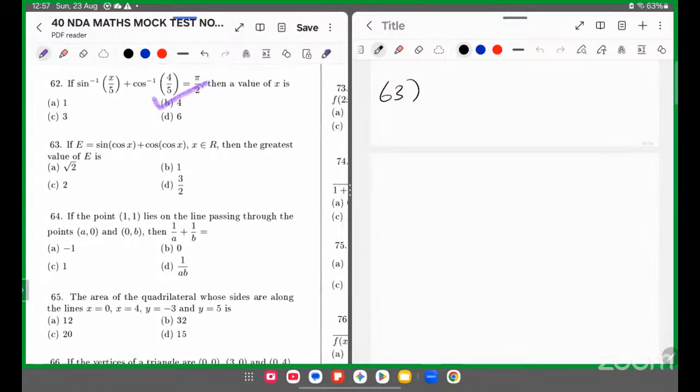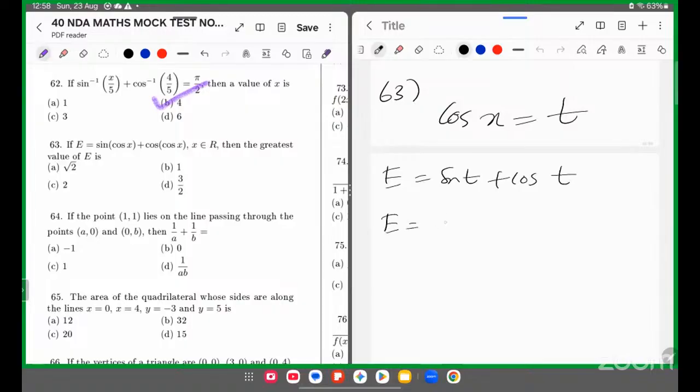63. If E equal to sin cos x plus cos x, then find the greatest value of E. If I put cos x is equal to t, I can write E equal to sin t plus cos t.